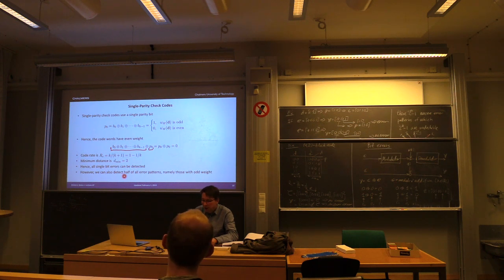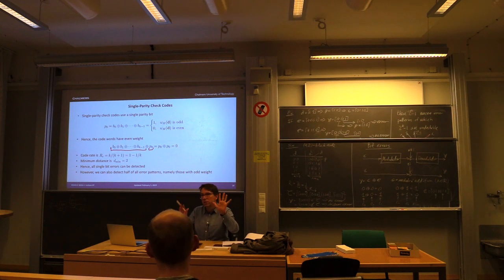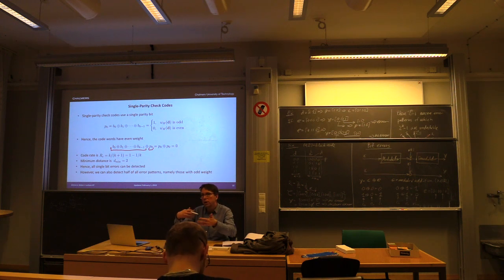But we can also detect half of all the error patterns, namely those with odd weight. So 1 bit error, 3 bit errors, 5 bit errors, 7 bit errors, and so forth, because all of these will make the received word have an odd number of ones.